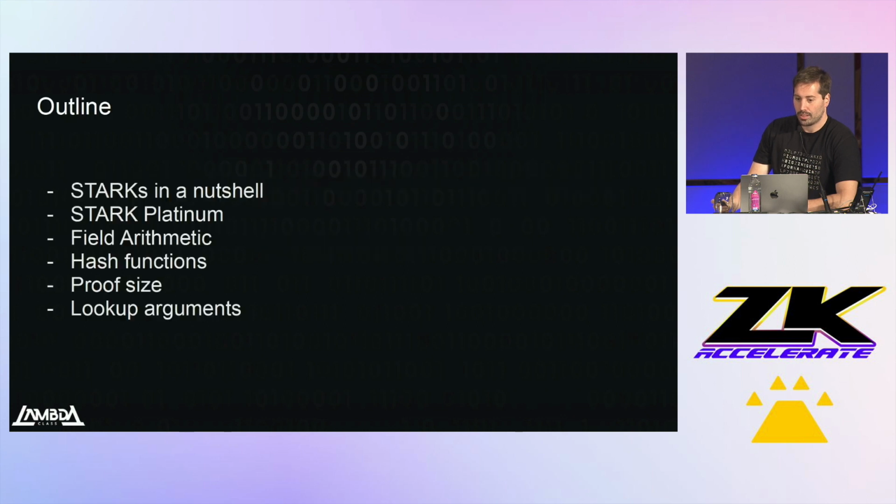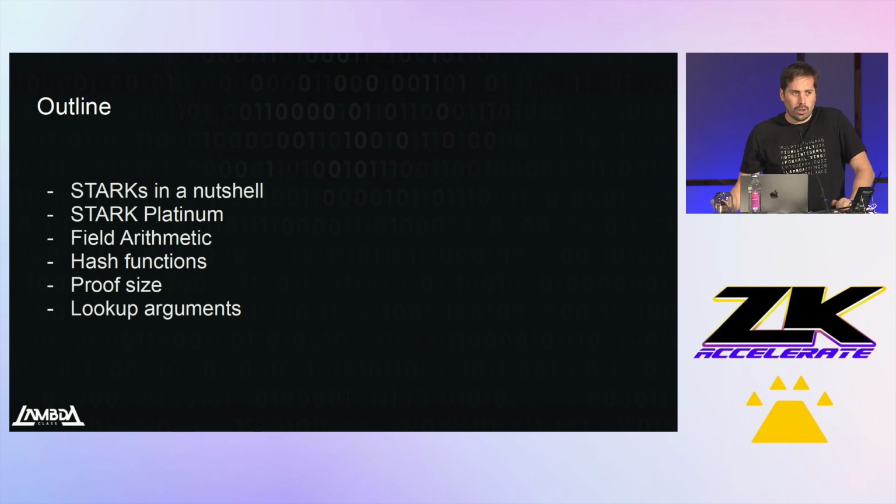So this is an outline of my talk. First, I will be giving a brief introduction to Starks in case you don't know, so that you know exactly which parts compose the protocol, and then we can discuss how to improve them. Then a little bit about Stark Platinum, which is our prover.